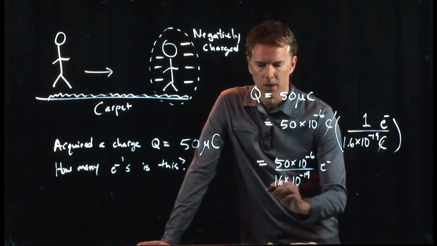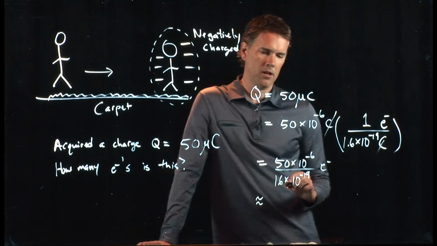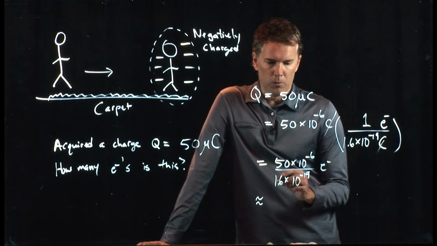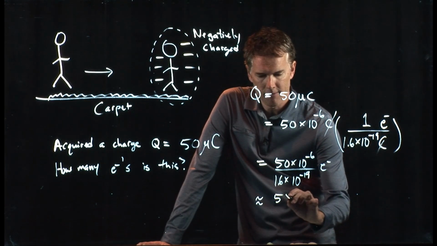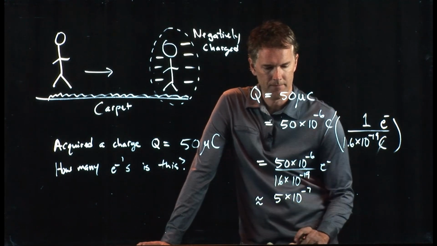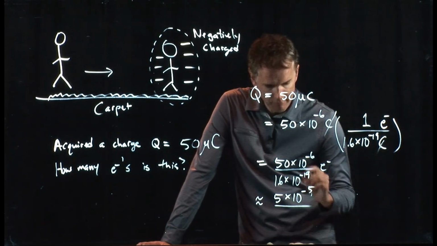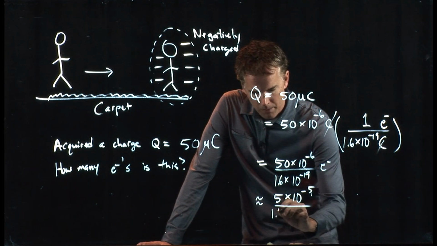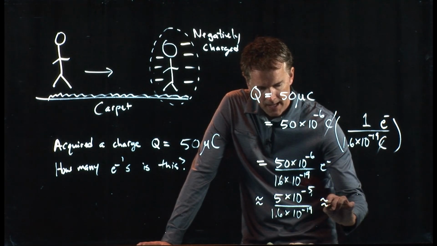And now you can run this number in your calculator. I'll approximate it here. 50 over 1.6, that's the same as 5 times 10 to the minus 5 divided by 1.6 times 10 to the minus 19.